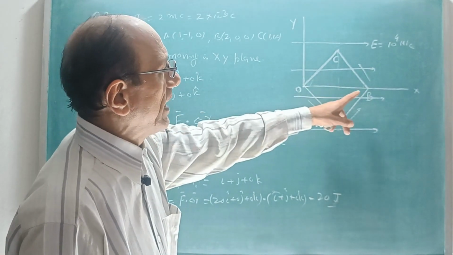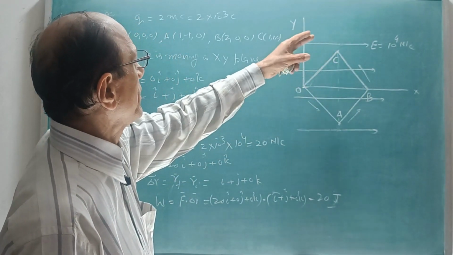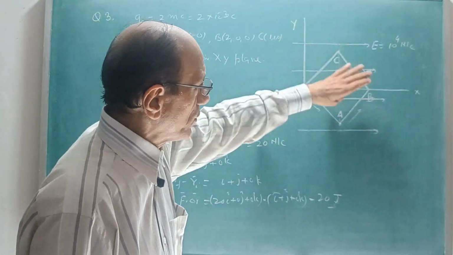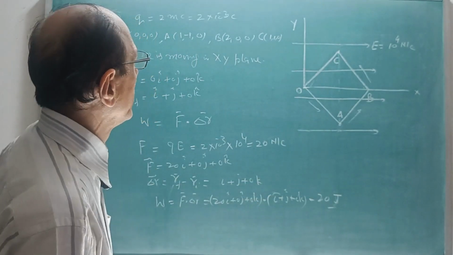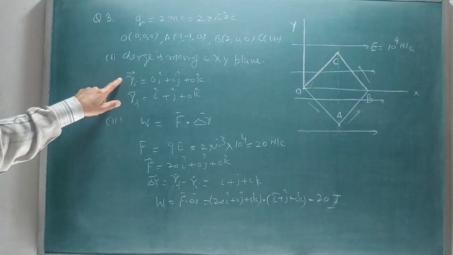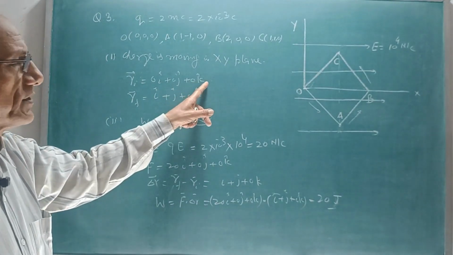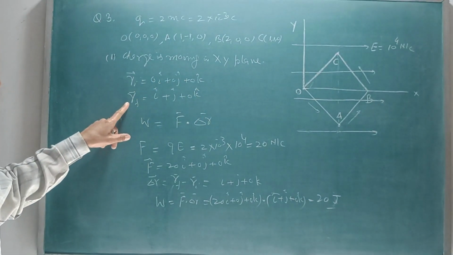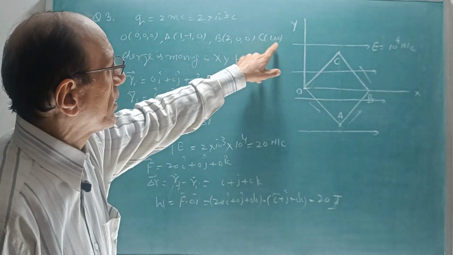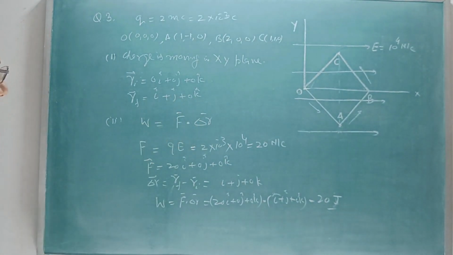B is 2 0 0, again on the x-axis, and C is 1 1 0, again on the board. So this board is the xy plane, and the charge is moving on the xy plane. The initial position of the charge is 0i plus 0j plus 0k, and the final position is C, that is i plus j plus 0k.